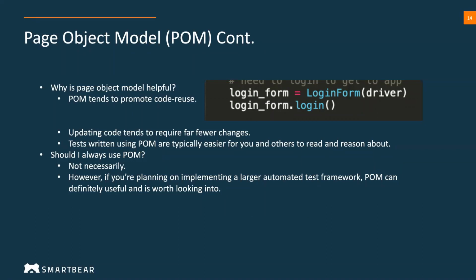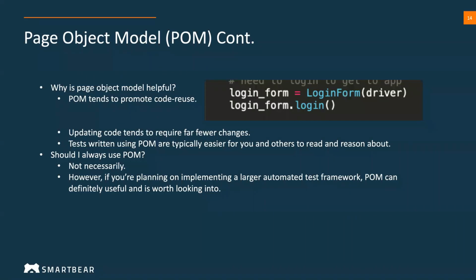So should you always use page object model? I'd say not necessarily. Page object model could be slightly more time consuming on the front end. But if you're only trying to set up a few automated tests, POM might not be necessary. And it may not be the style you intend to use in the long run. But as your test coverage grows, and it probably should, page object model can make it much easier to make tests manageable and easy to navigate.